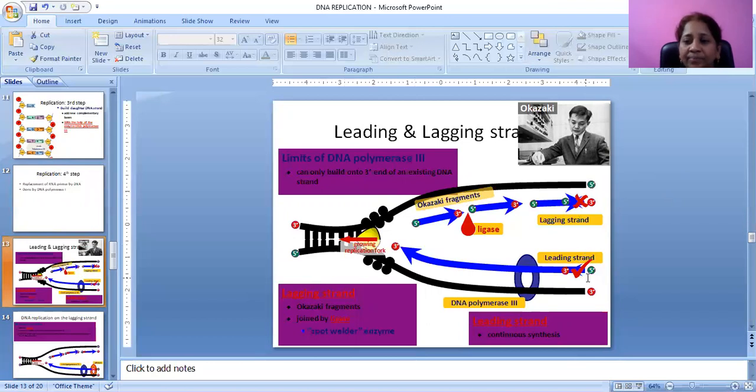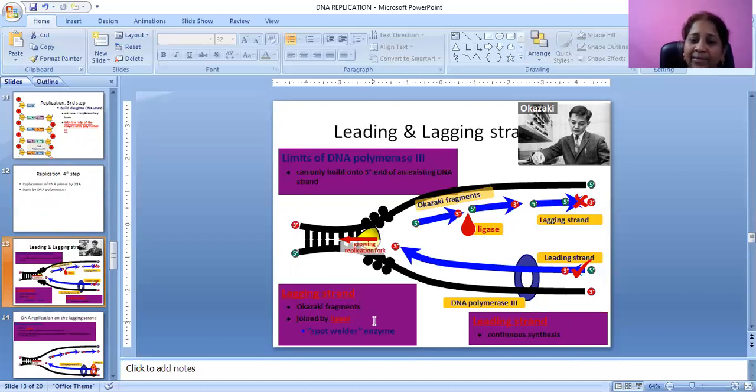This is the leading strand. Why? Because DNA polymerase 3 will help in attaching the primers to the leading strand only, but not to the lagging strand.